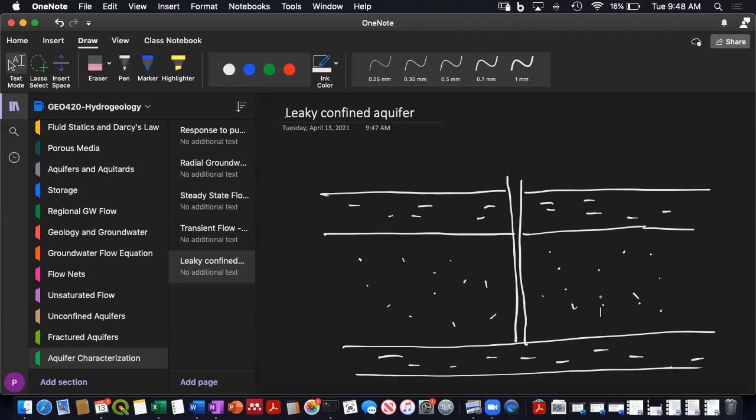There's a million solutions out there to these pump test equations, and I don't have time to go through them all with you. We don't have time to learn them all.